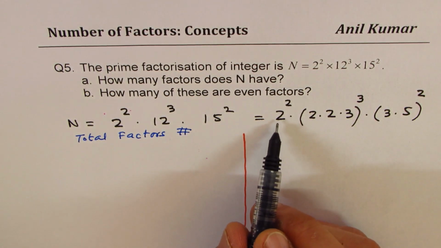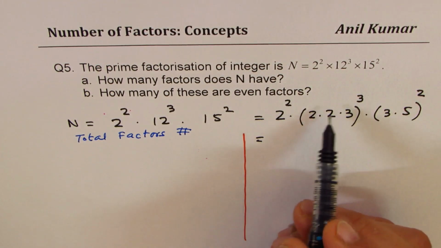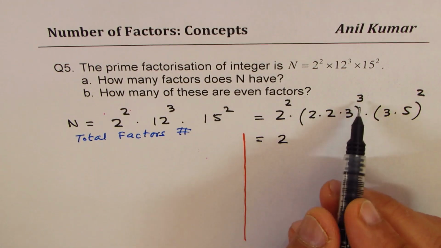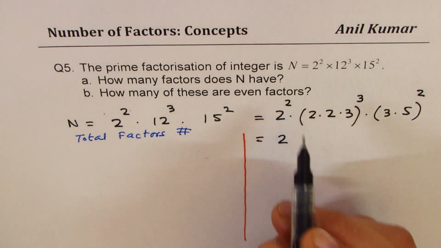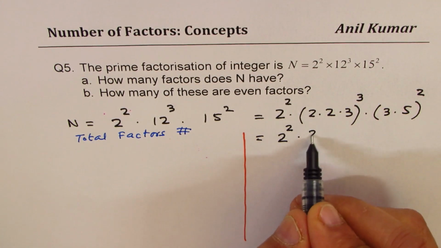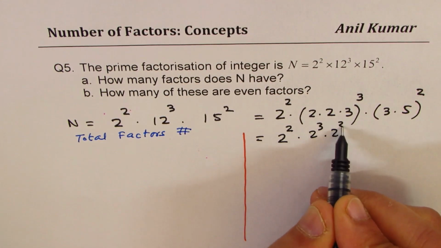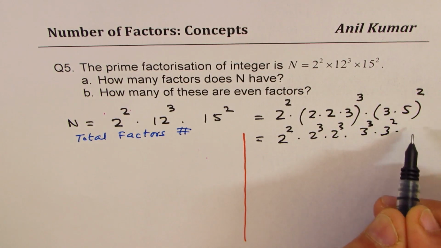Now you see how many 2's are there. So we have 3 of this, 3 of this. So the number of 2's is 3 plus 3, 6. Let me rewrite this: 2 times, open the bracket, 2 cube times 2 cube times 3 cube times 3 square times 5 square.